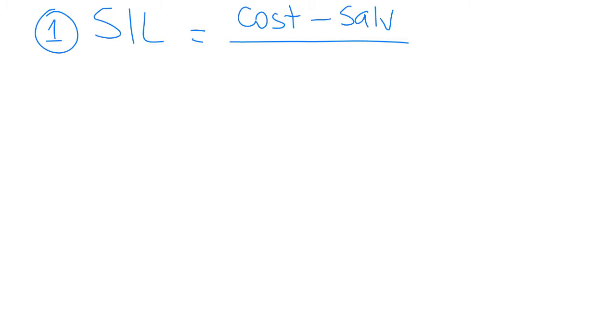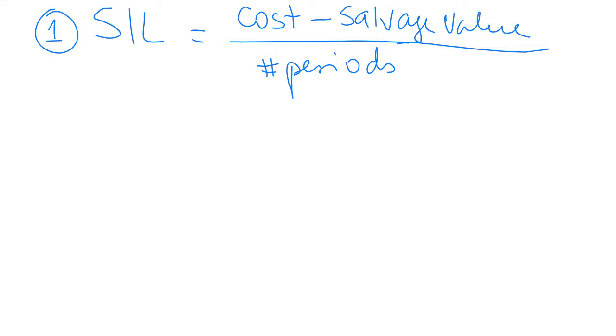For straight line, we'll basically take the cost, the acquisition cost of the asset, subtract the salvage value, and divide by the number of units or number of years, number of months, number of periods in the useful life of the asset.